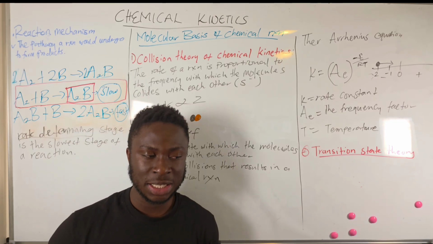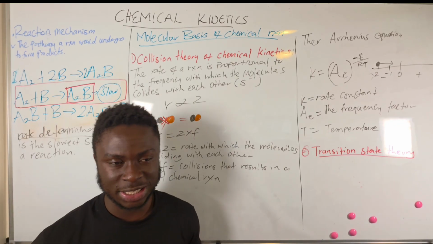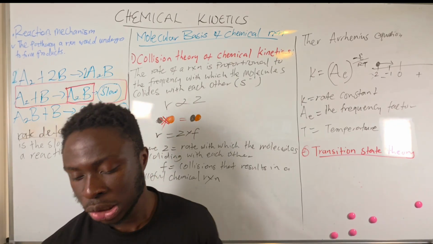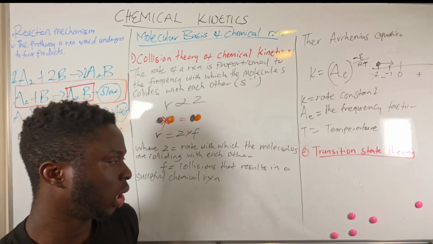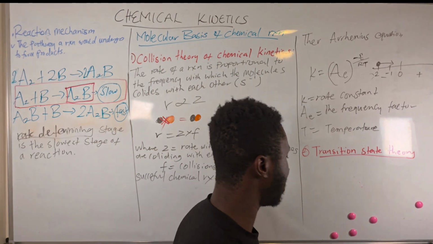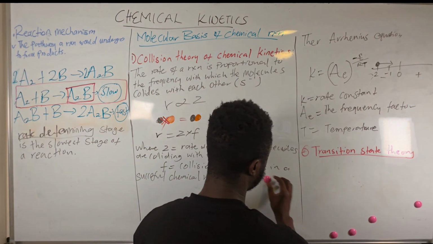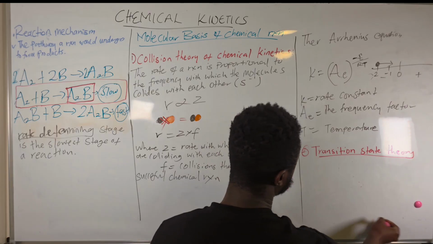And this transitional state product will be consumed at the rate at which it is formed, to go ahead and produce what we call the product. In other words, it will form what we call the activated complex.